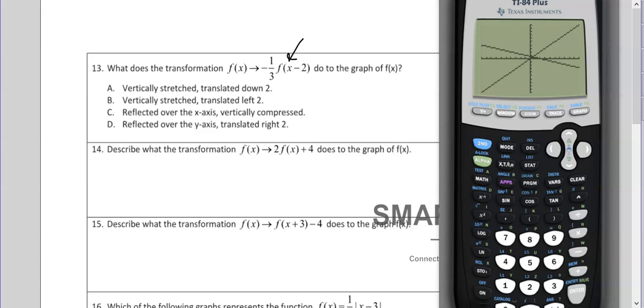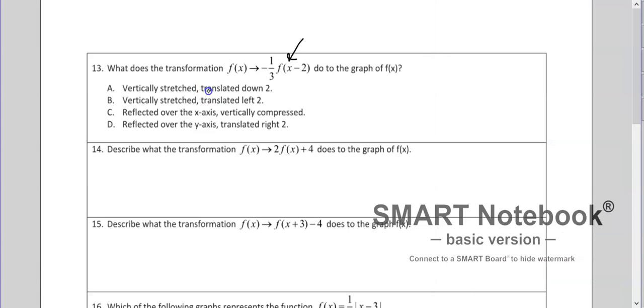Now, this is a tricky problem because there's some parts of these that are right. So it's not translated down 2, that's for sure. The -2 would have to be outside the parentheses. It is not moved left 2, because remember, inside lies, so it actually moves right 2.